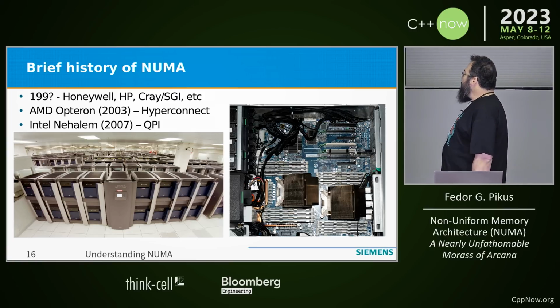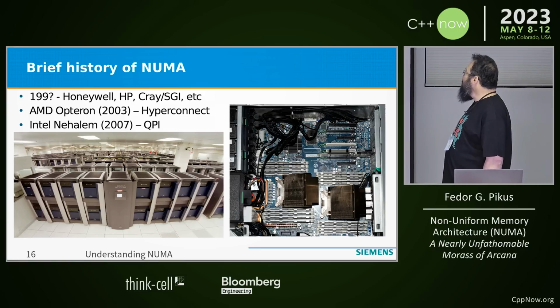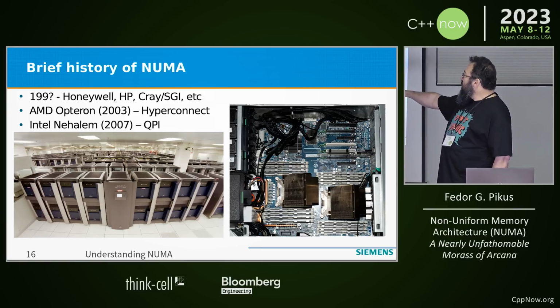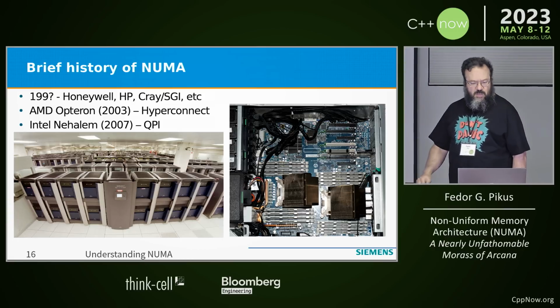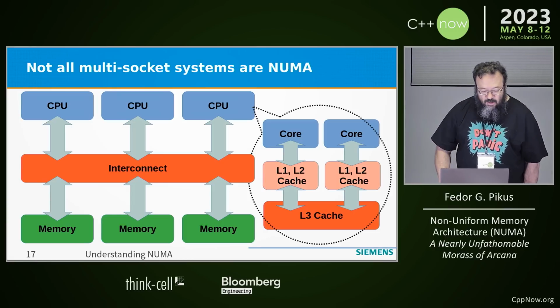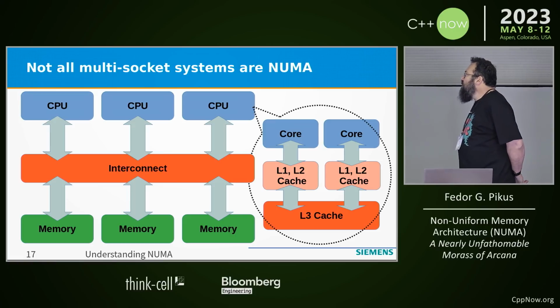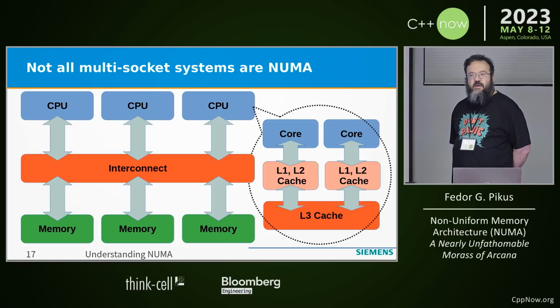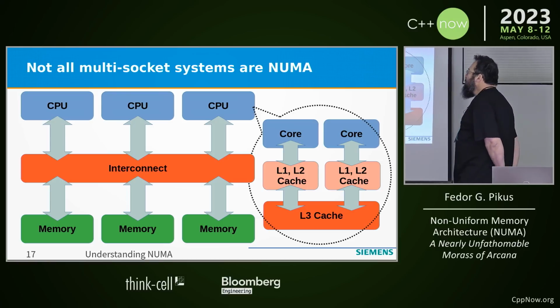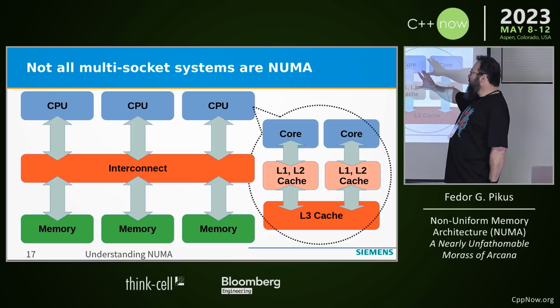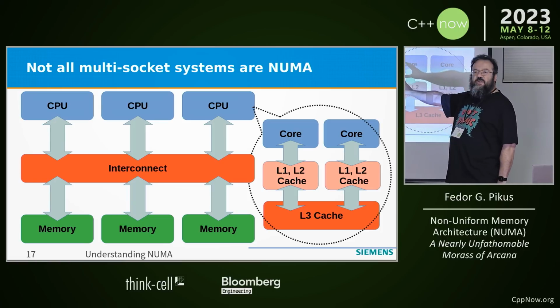These systems in general are fairly small, but they don't have to be. That's one of the early Cray systems on the bottom. Now, it's also not true that all multi-socket systems are NUMA. This is a perfectly viable architecture for a large system.